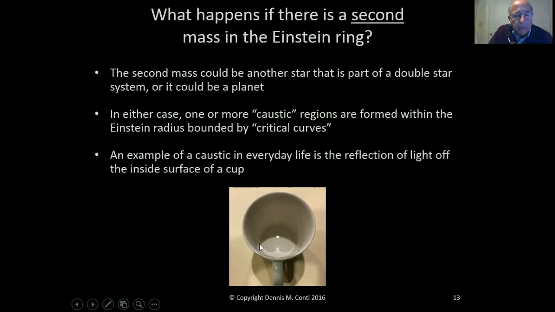And that caustic region in the Einstein ring also has a critical curve in it. And we're going to see how when a background star crosses through the Einstein ring, and if it happens to cross through that caustic region, there's going to be other perturbations to that light curve. All right, so let me stop here, and Aaron, maybe you can see if there's any questions.